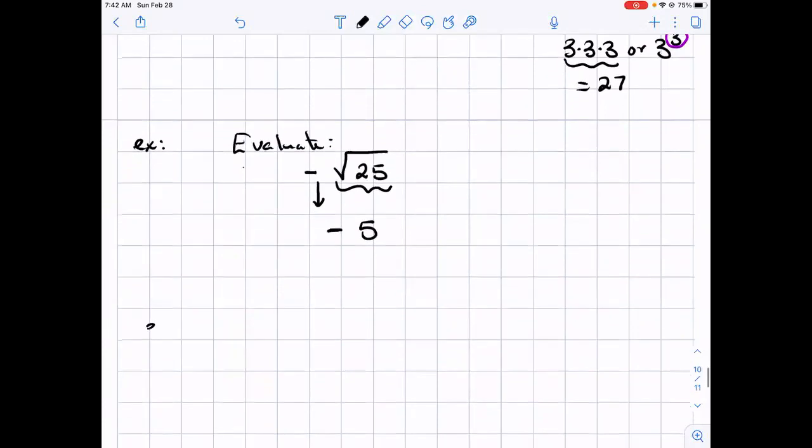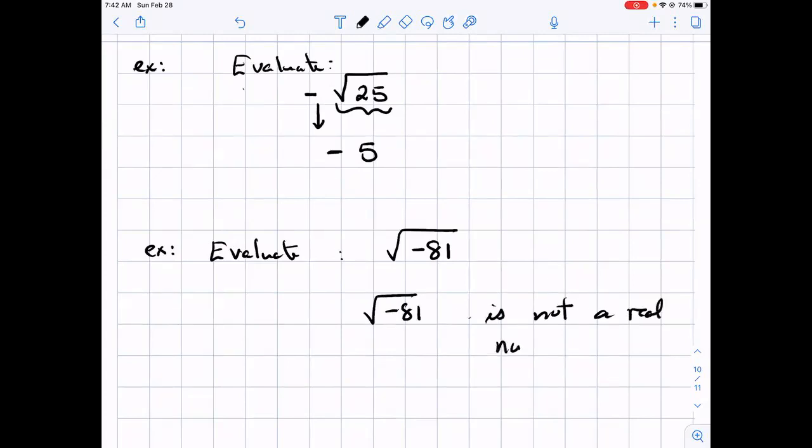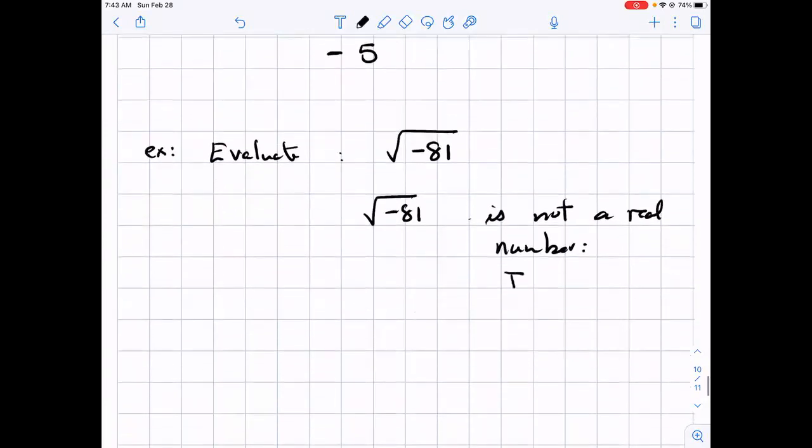On the other hand, if I ask you to evaluate the square root of negative 81, in this case, it's not a real number. Why?